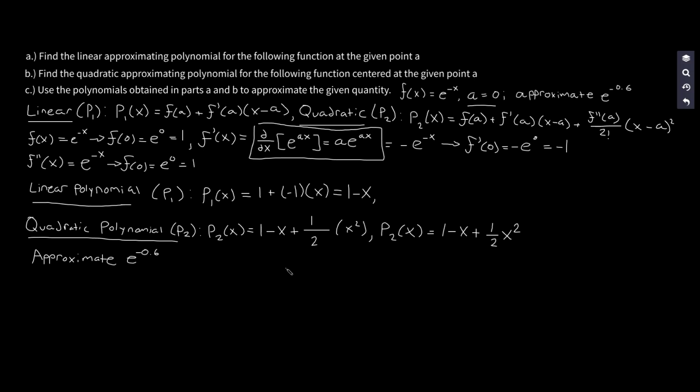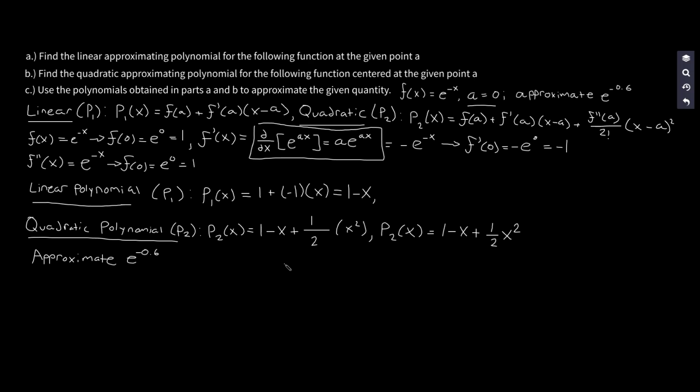So that means that we need to plug in x equals 0.6 into our polynomials. Not negative 0.6, but 0.6 because e is raised to the power of negative x. So those negative signs are just going to cancel.